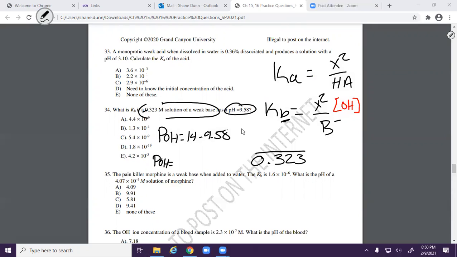What's 14 minus 9.58? 4.42. So OH is equal to 10 to the negative POH. So just take that value, plug it in there. You get the concentration of OH value, right?